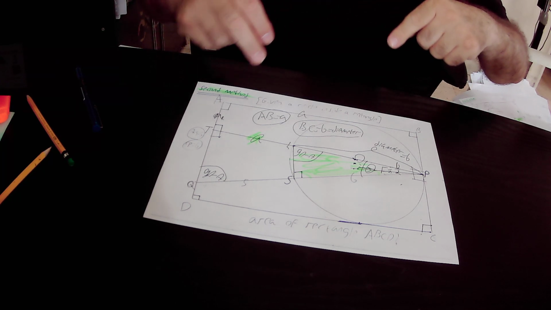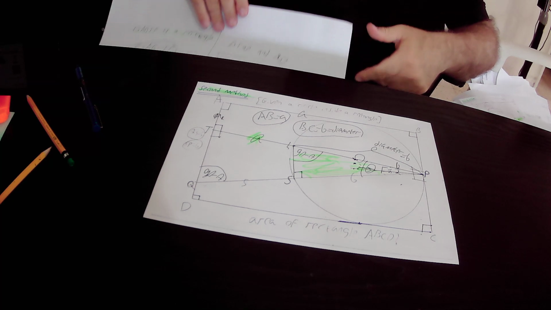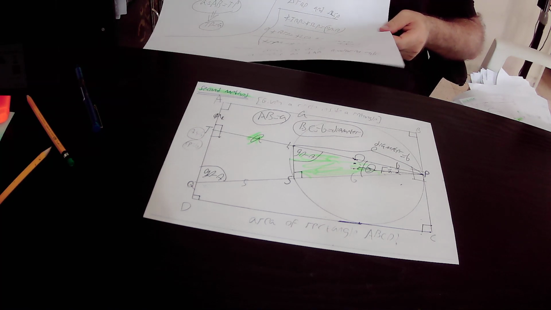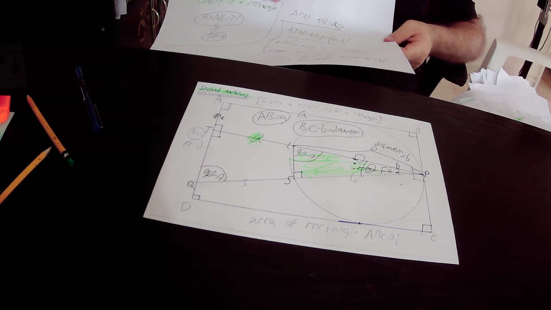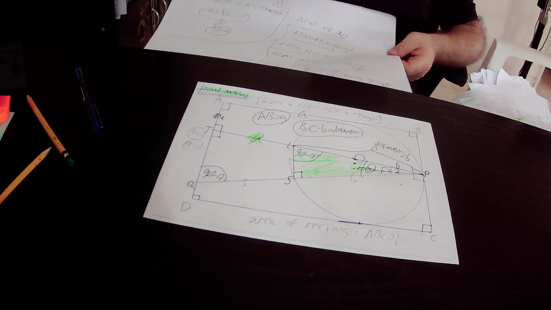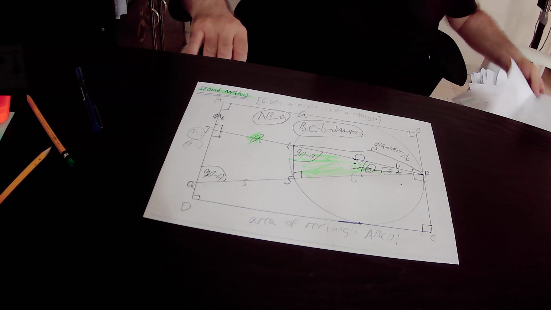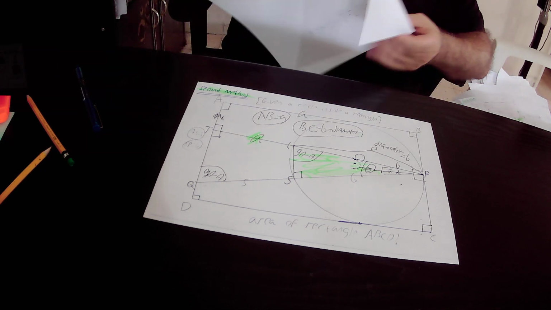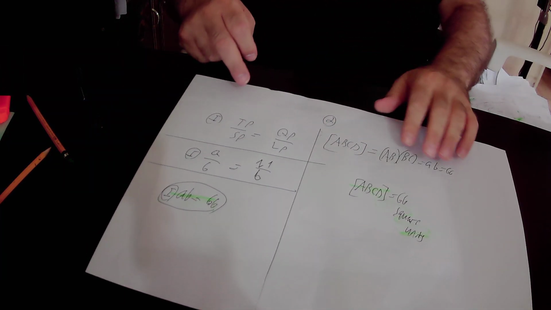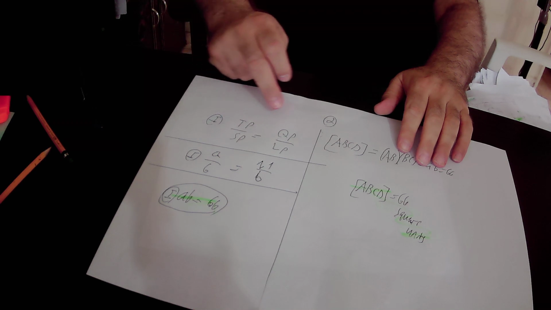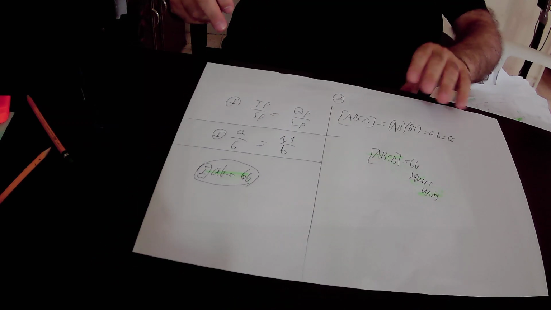So we proved that those two triangles are similar according to the angle similarity rule, and from this we derive the following relationship between their sides. TP over SP equals QP over LP.